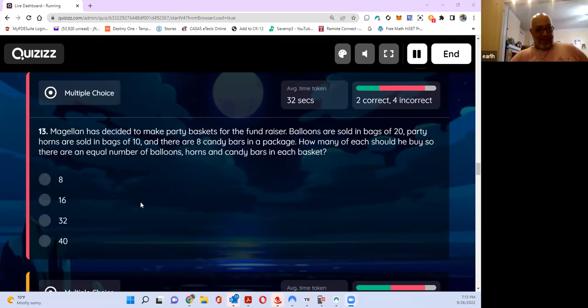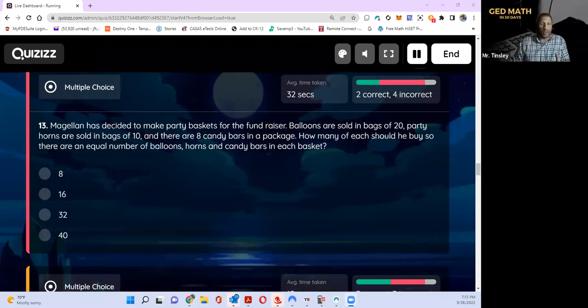Now, this is a word problem. This is one of the most missed questions on the GED. This is a least common multiple problem. It comes in bags of 20, bags of 10, bags of 8. How can they make sure you have the same number in all of them?